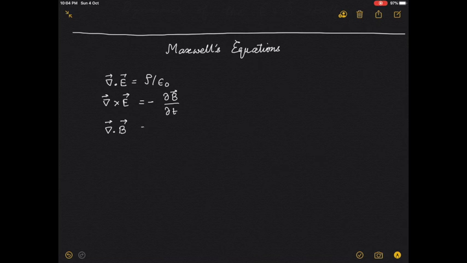These equations you are not allowed to forget. Once you have committed to do research in physics, you are never allowed to forget these equations.